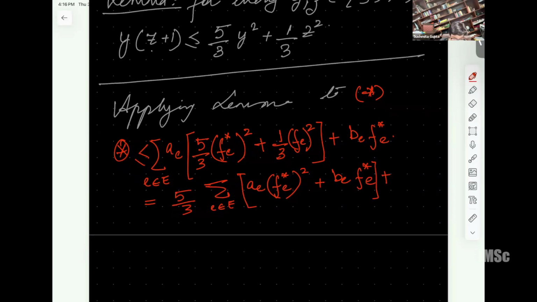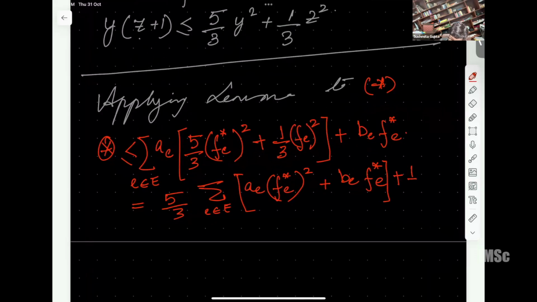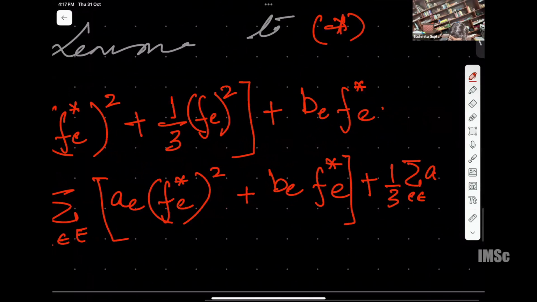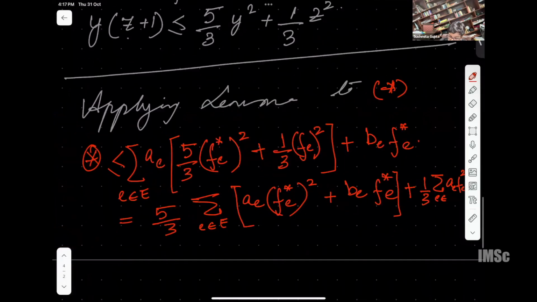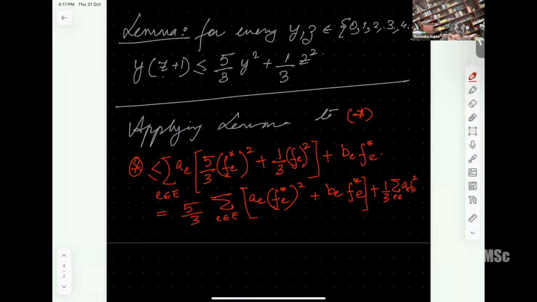I could have taken f star e common, but 1/3 AE FE star. Okay. Yes. All right.